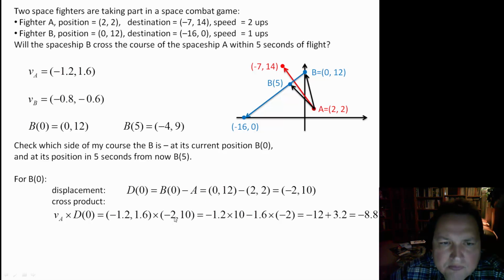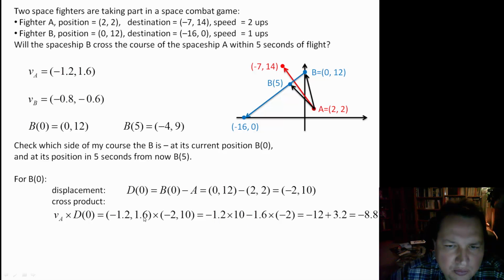The cross product of vectors is calculated as the multiplication of these two external positions, so x from the first and y from the second vector, so it's -1.2 times 10. This cross here means a multiplication of numbers, not vectors.